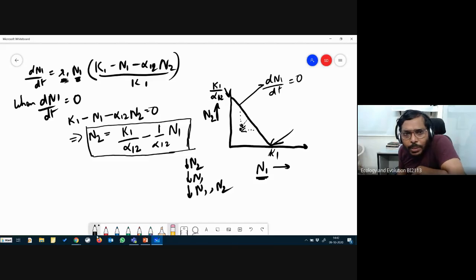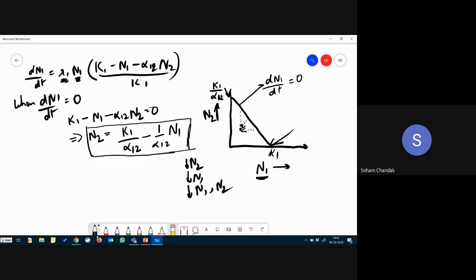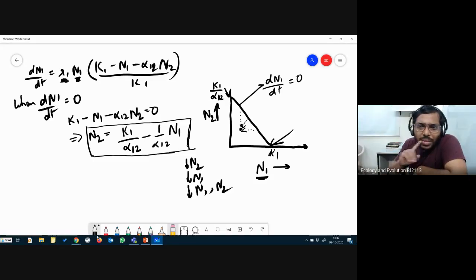Is this making sense, people? Now, look at this part over here. Remember, we are considering dN1/dt equal to 0. So when dN1/dt is equal to 0 already, which is this line, and now you reduce N1, what will happen to dN1/dt? Will it increase or decrease?